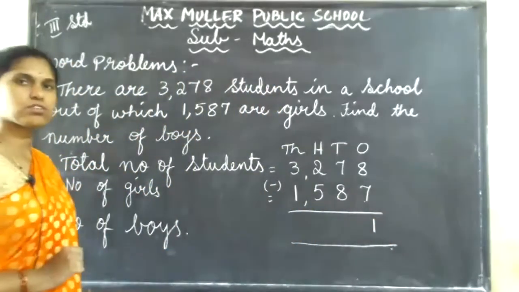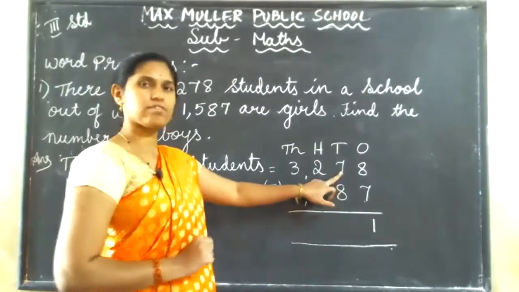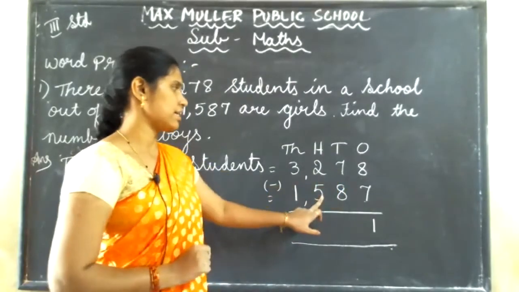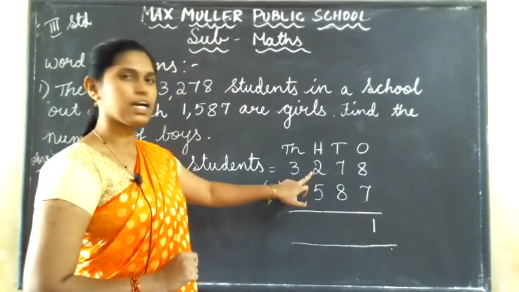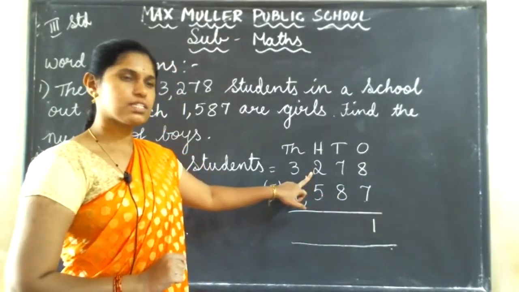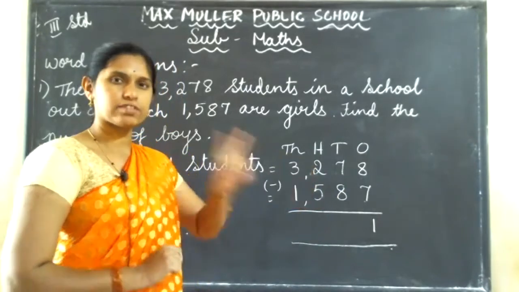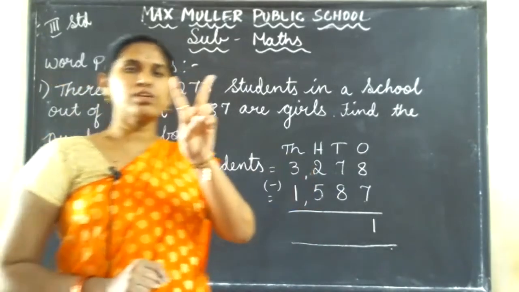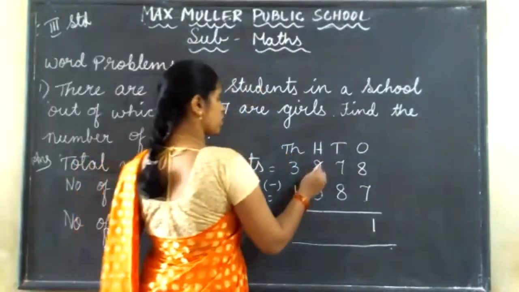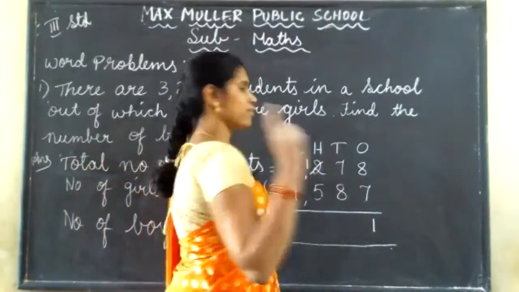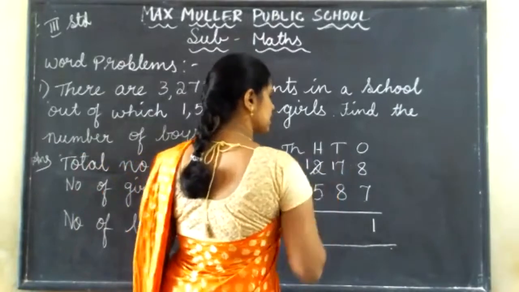In the tens place, what is the number they have given? 7 minus 8. From 7, can we minus 8? No. So we'll go to the hundreds place. What is the number in the hundreds place? They have given 2. From 2, if you minus 1, how much you will get? 1. So write down this 1 here. This one we are carrying to the tens place.